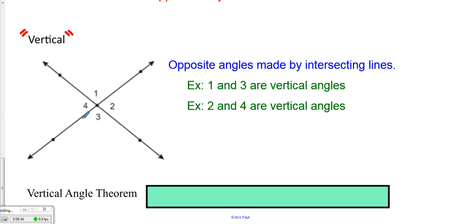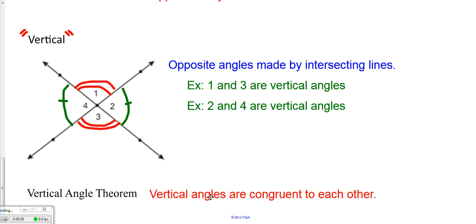Now what that says is, let's say this one I'm going to do the 2 swoops for. Angle 3 has to be congruent to angle 1 because they are vertical. Similarly, angle 2, and I'm going to put 1 tick mark there, is congruent to angle 4 because they are vertical. The vertical angle theorem just says vertical angles are congruent to each other.